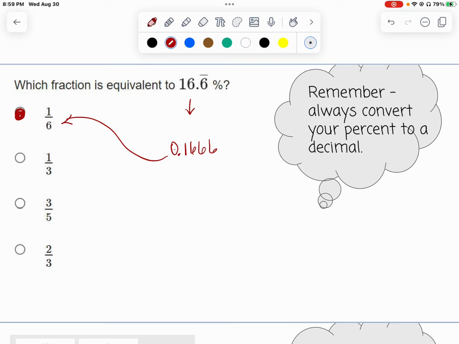What if, for whatever reason, you forgot that relationship? You could go back and eliminate the others in case you're worried and find the decimal equivalents and realize that number one is the only one that works.